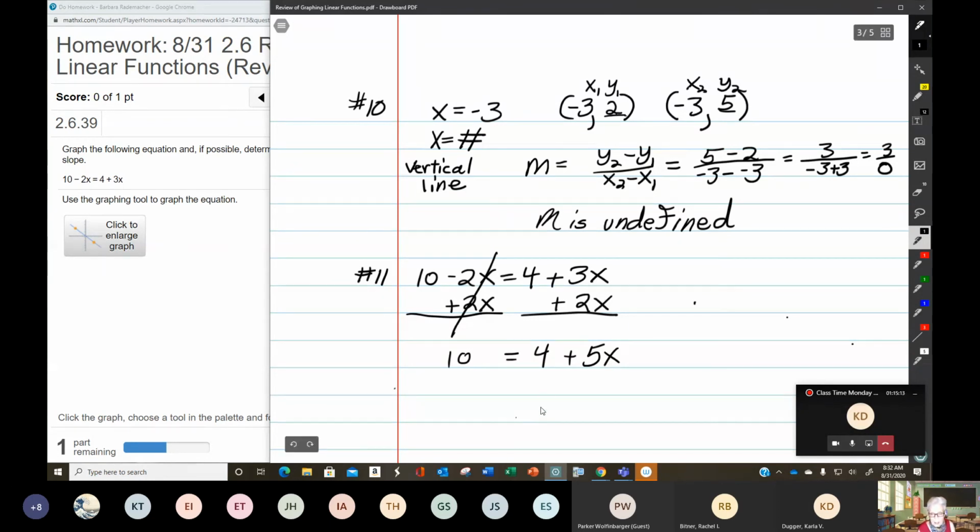Okay, now, I did that right, didn't I? I'm going to have to subtract 4 from both sides now to get the numbers together. And that will leave me 6. So 6 equals 5x, since this zeroes out. And then I divide by 5 on both sides.